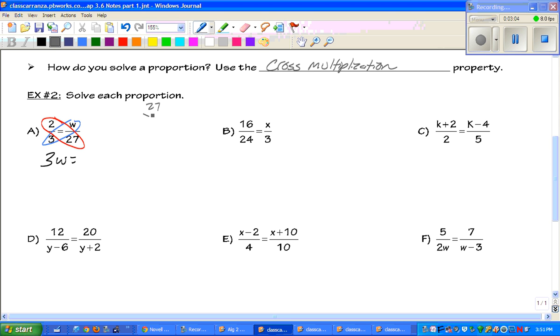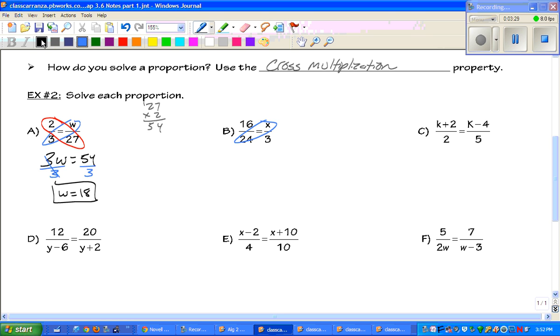And if you don't know how to do that, you have to show the side work over here because we're not using calculators. All right? Now, to solve that, you have to divide both sides and you get W equals, this is on your multiplication chart, 18. Okay?